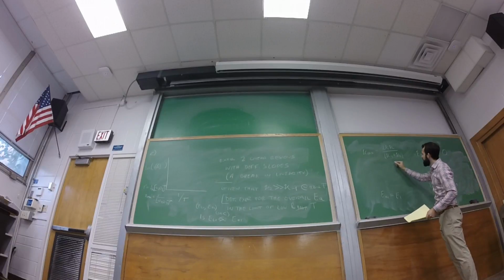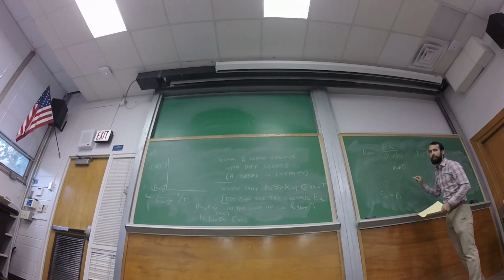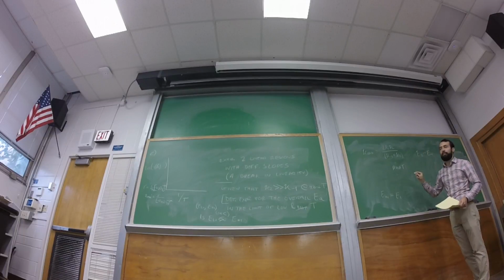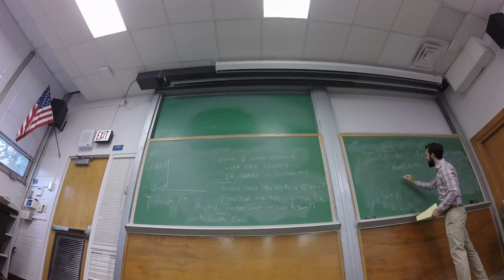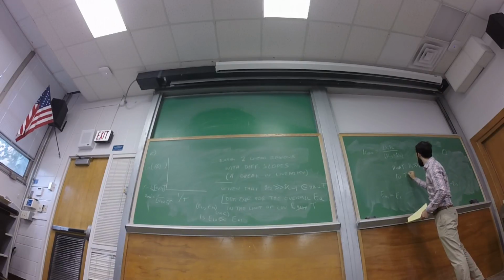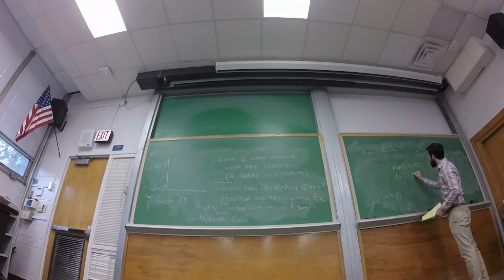Let's talk through it. So we knew that at high temperature, what was true in terms of these rate constants? K2 was much larger than K1. And at low temperature, it was the opposite.